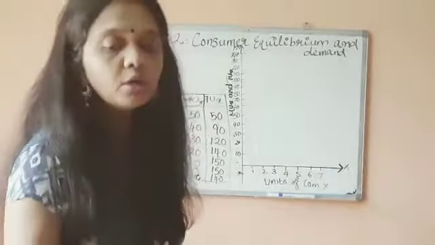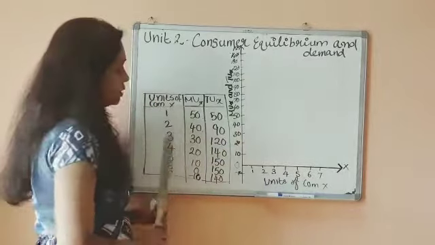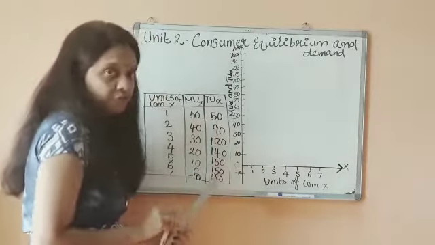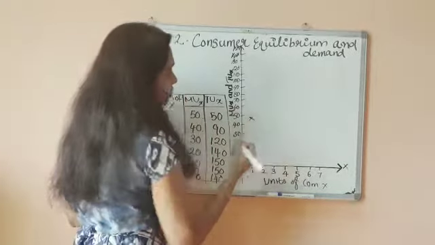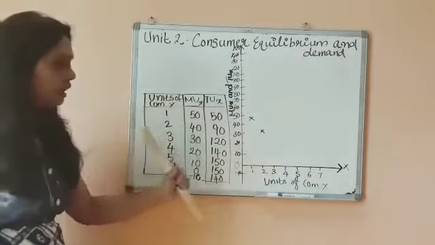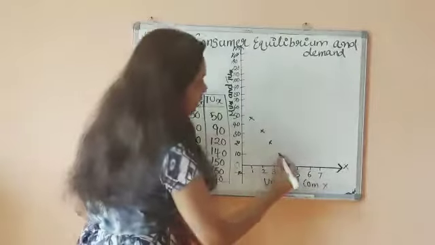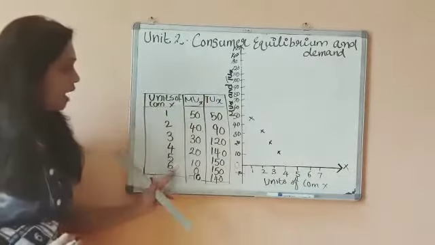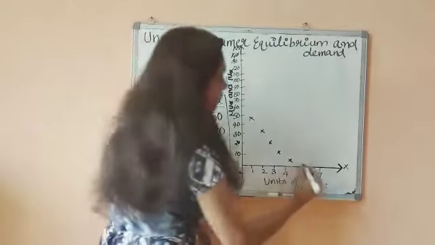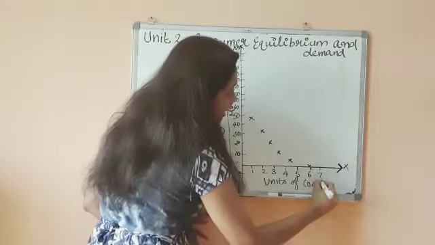Several times I told you that you have to take centimeters. Now, for the allocation I am using the ruler. The MU values are 50, 40, 30, 20, 10, 0 and minus 10 for units 1 to 7.